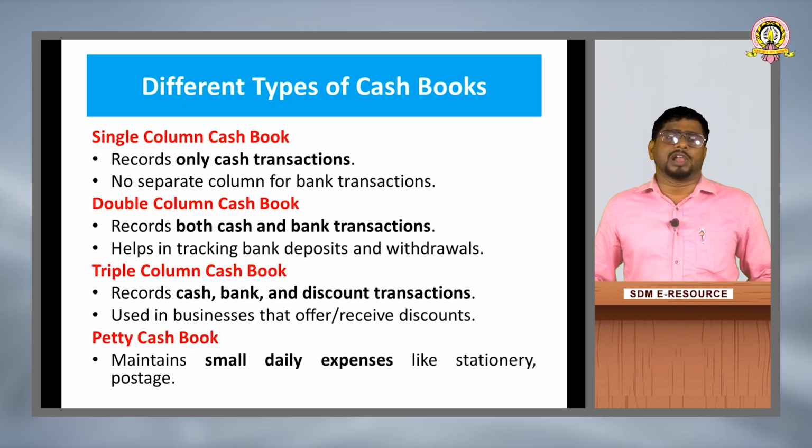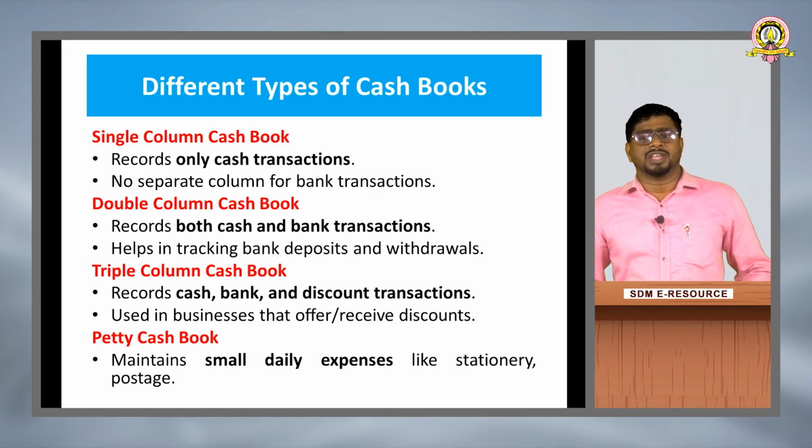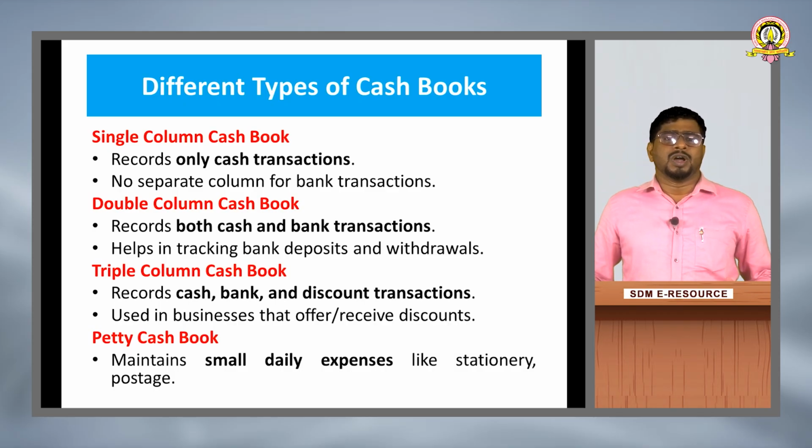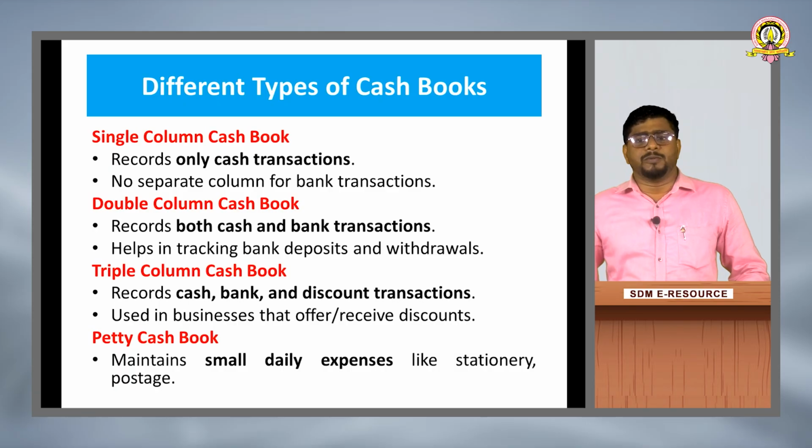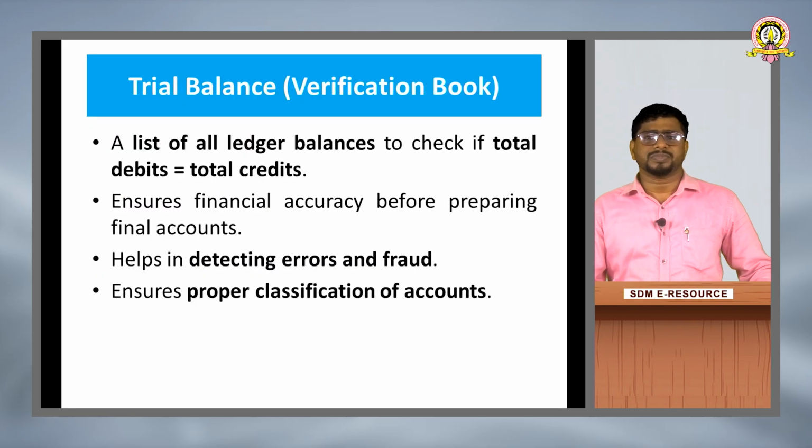Then we have the triple column cash book or three column cash book. It records cash, bank and discount transactions, used in the business mainly to see what discount the business is receiving. And finally, we have the petty cash book. It maintains small daily expenses like stationery, postage, etc.